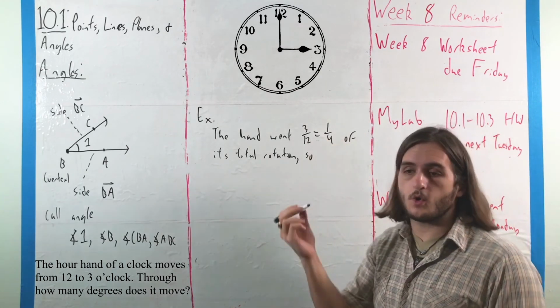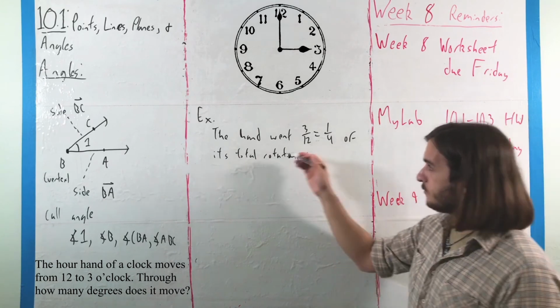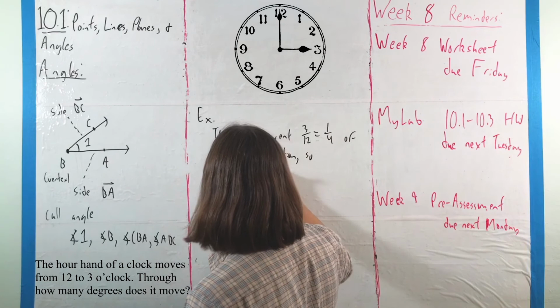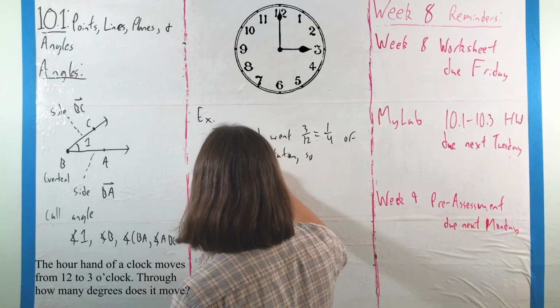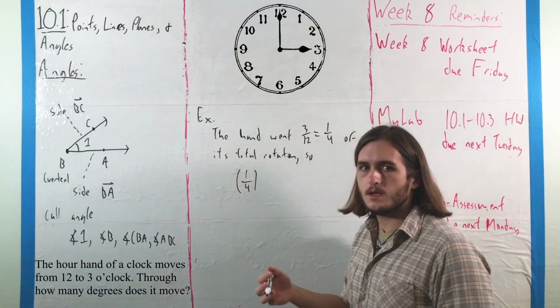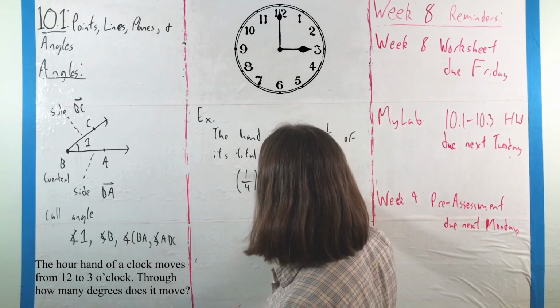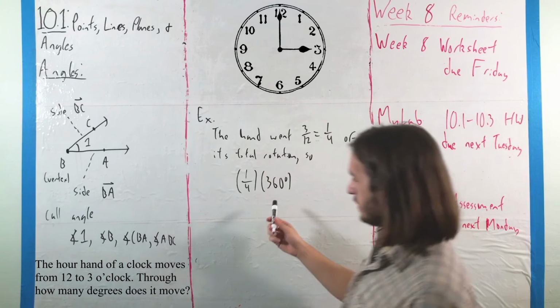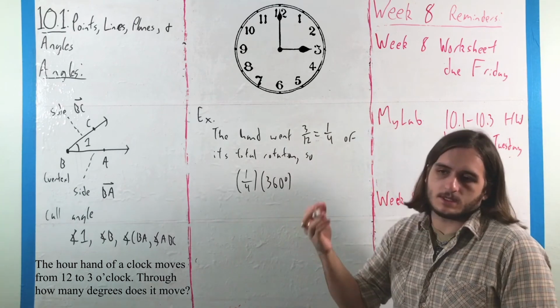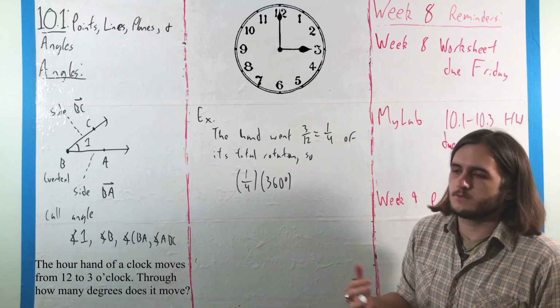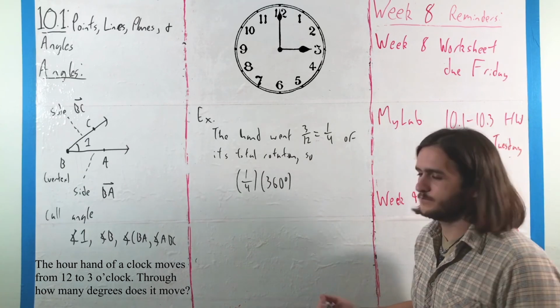So if we want to find the total number of degrees that it went along this path, we would just take 1/4, the amount of rotation it's done as a proportion, and multiply that by the total number of degrees it can possibly go. So remember, this symbol right there, that's the degree symbol. That's our quantification of rotations.